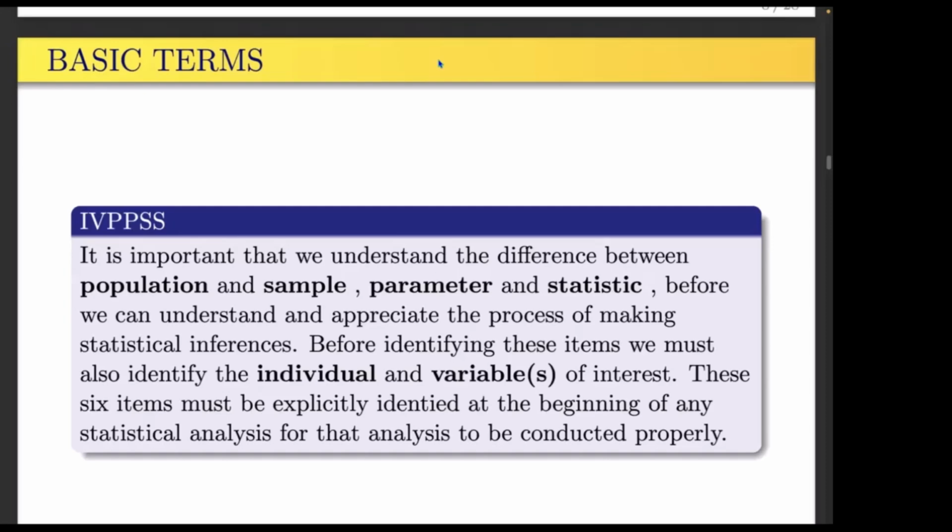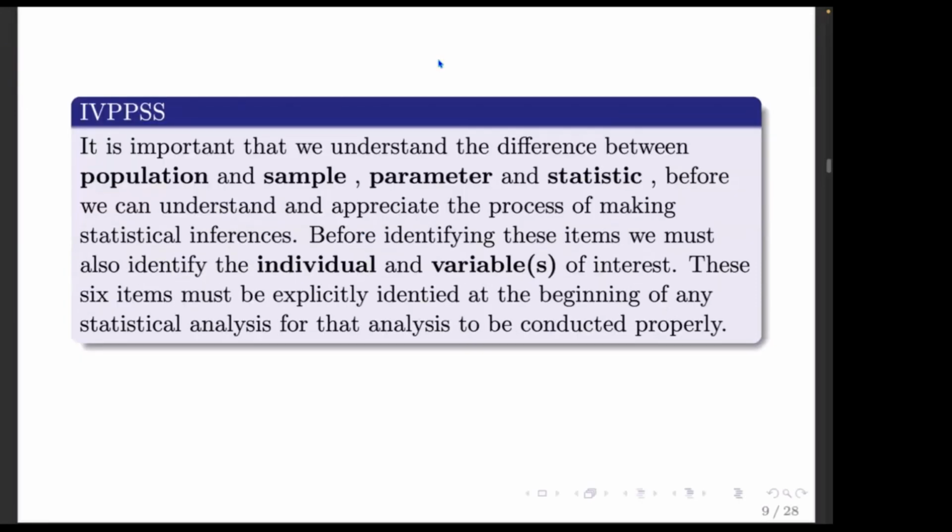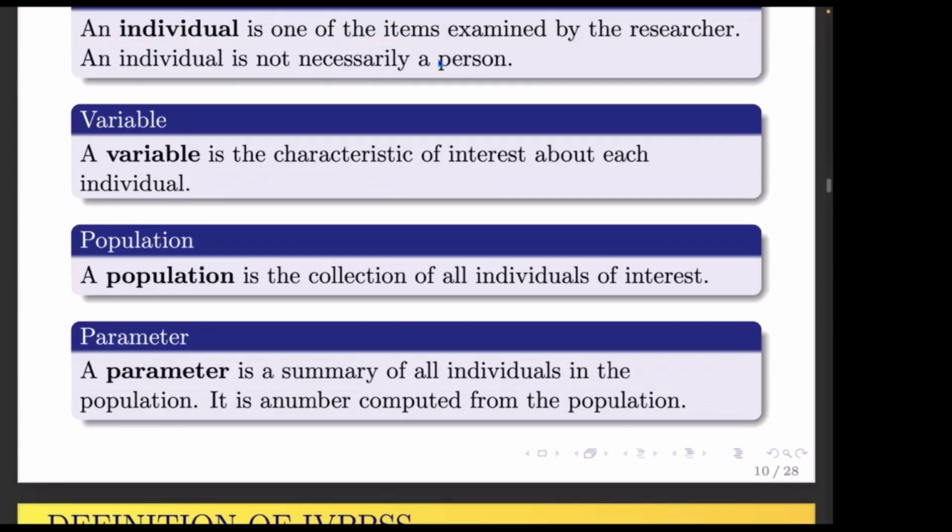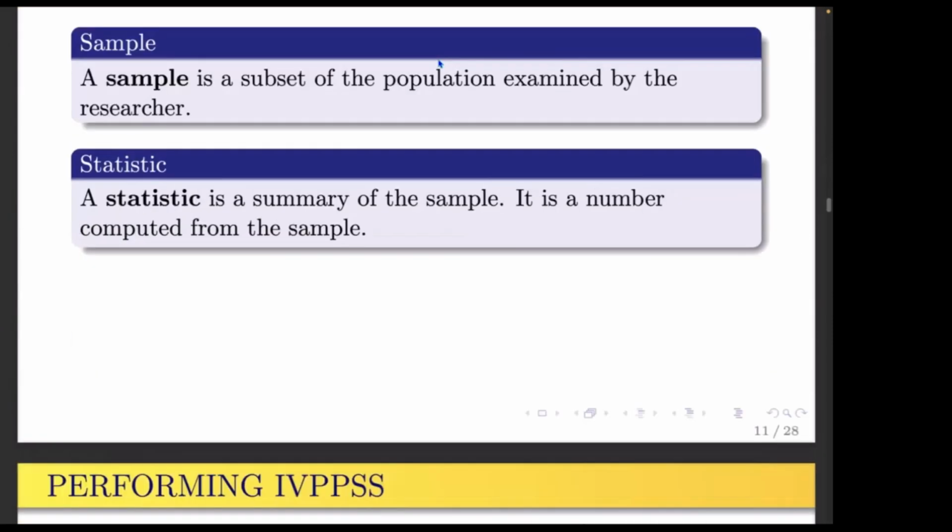The sample can be people in Kumasi, or you take a proportion from Accra, Kumasi, Sunyani, and other regions that represents the population of Ghana. The number we use in representing the sample is the statistic. An example of a statistic is x-bar, the X with a bar on top, and for the variance we have the small s. This is what I spoke about as IVPPSS.